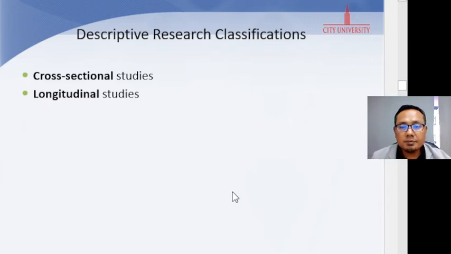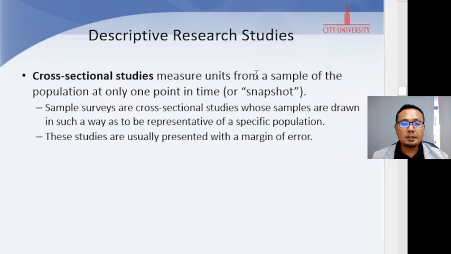Descriptive research can be classified as cross-sectional studies and longitudinal studies. Cross-sectional studies measure units from a sample of a population at only one point in time. So that means a snapshot. That's cross-sectional studies. No need to collect the data at two times. We have just one snapshot.